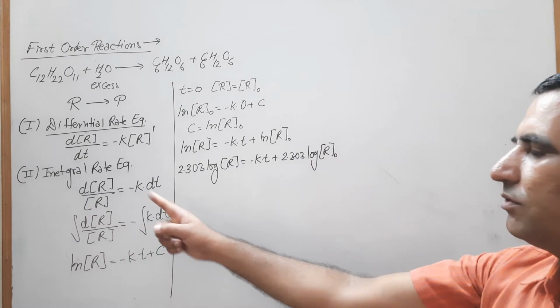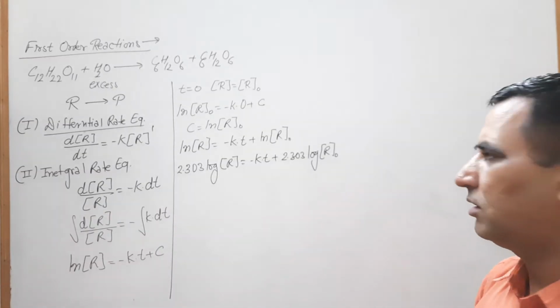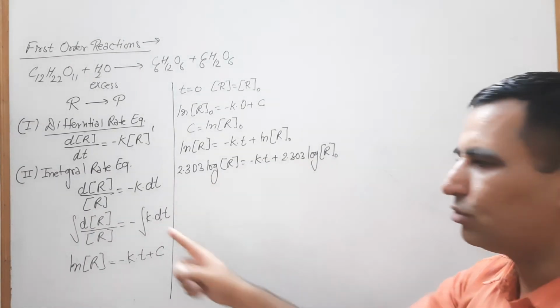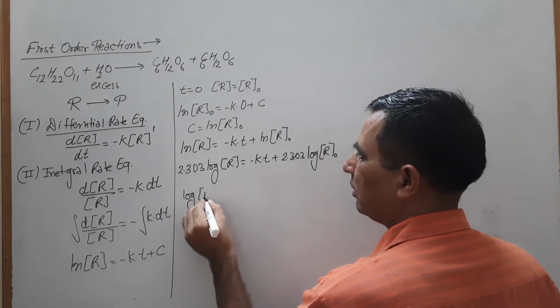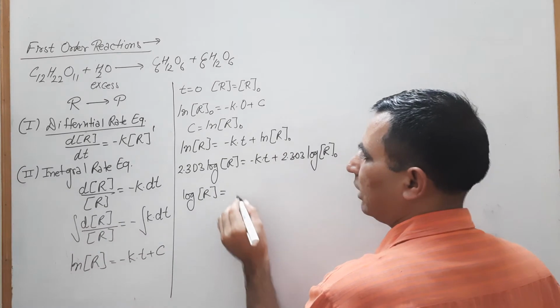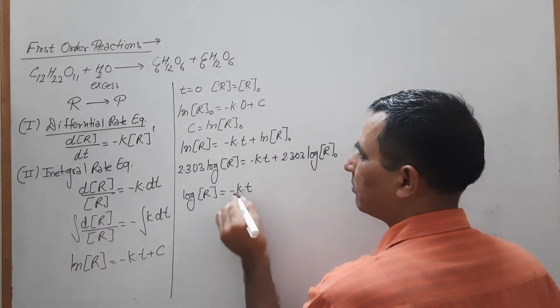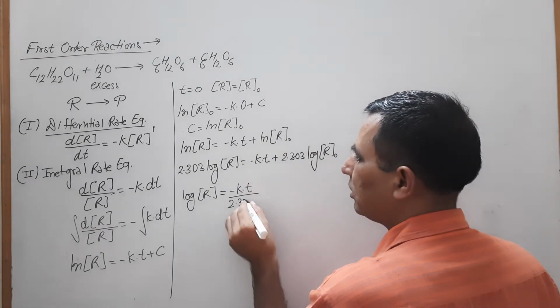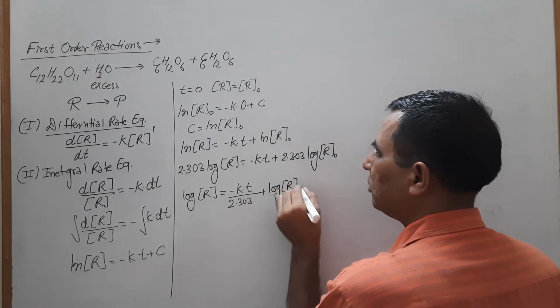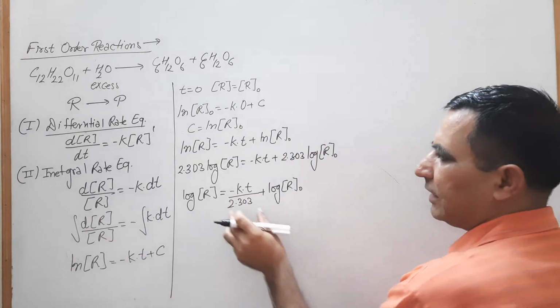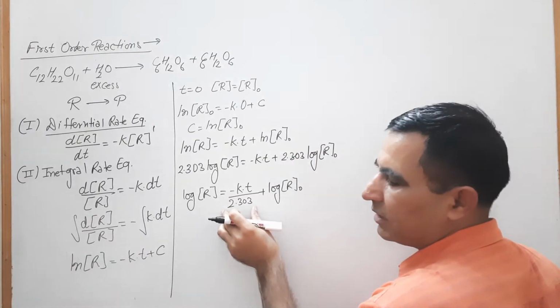Now we divide this equation by 2.303. On dividing this equation by 2.303, we obtain log R equals minus kt by 2.303 plus log R0. Change the direction, keep this one on the left side.